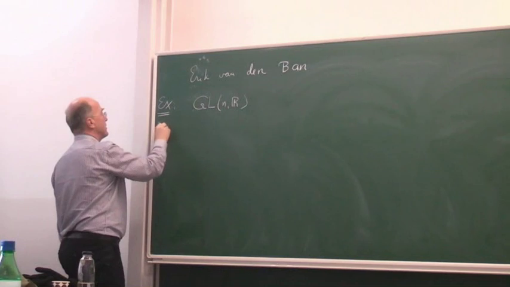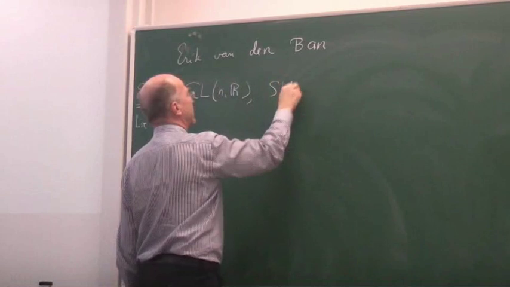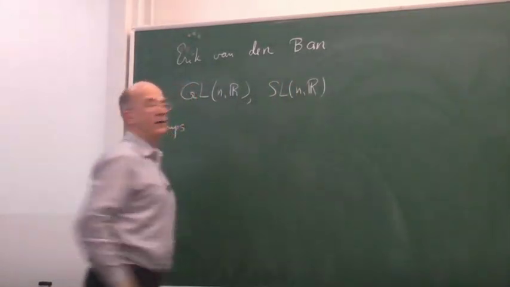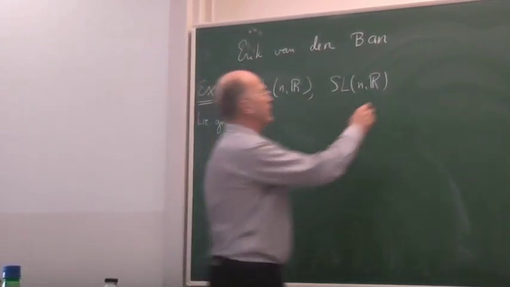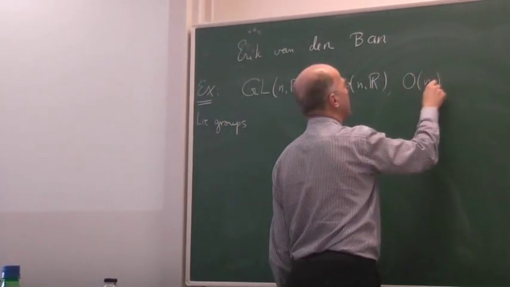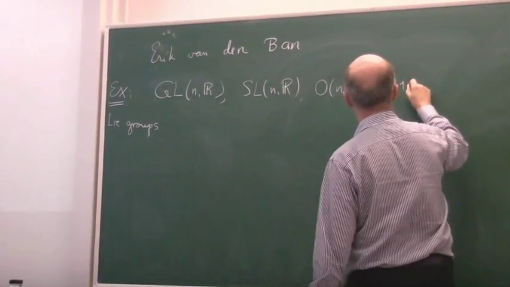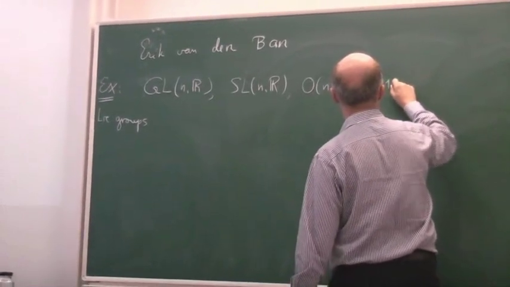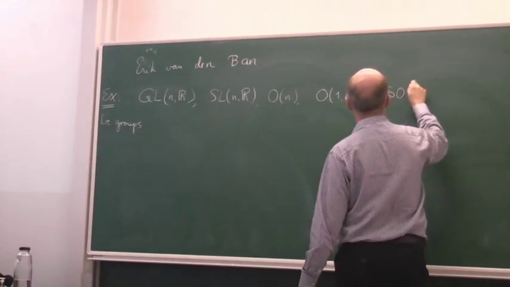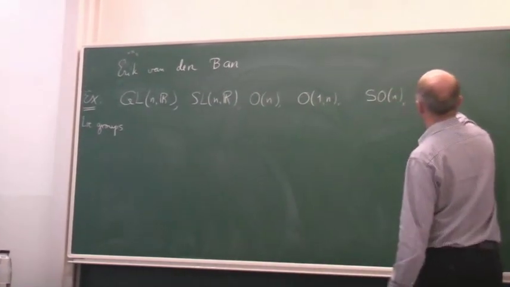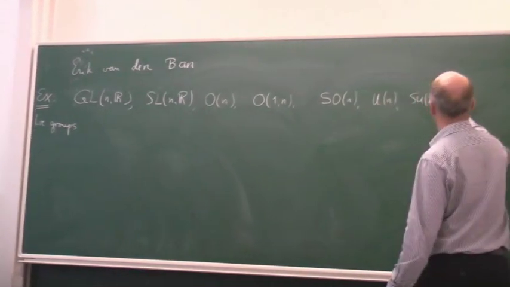The group SL(n,R), the special linear group of invertible matrices with determinant 1, is a Lie group. The orthogonal group is a Lie group. Groups of Lorentz type are Lie groups. And for instance, the special orthogonal groups are Lie groups, and the unitary groups are Lie groups. The special unitary groups are examples of Lie groups.